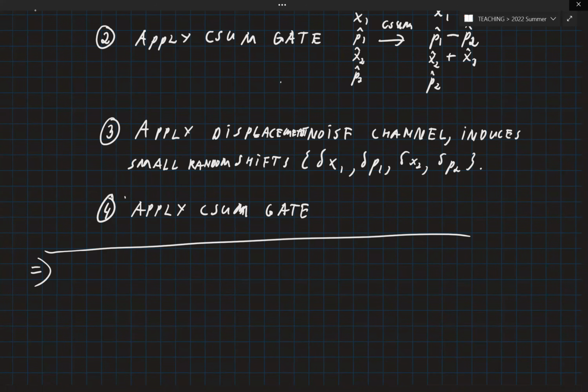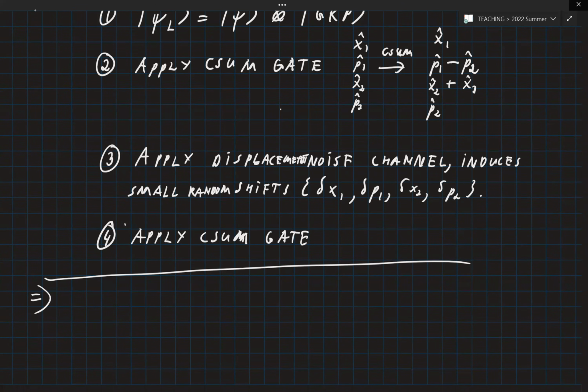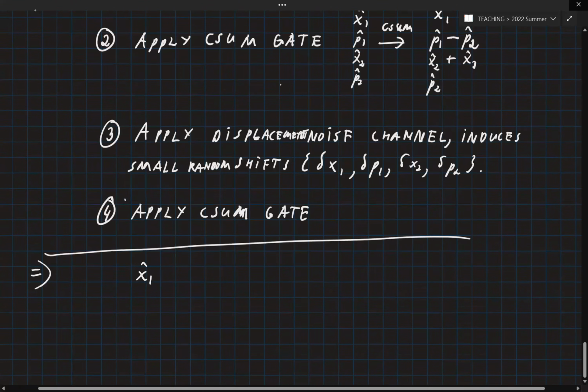So the C-sum gate smears around the position of momentum P1 and X2. The displacements add little deltas to all the quadratures, and then the C-sum gate once more smears them around again. So at the end, in the Heisenberg picture, the full procedure is the following map.